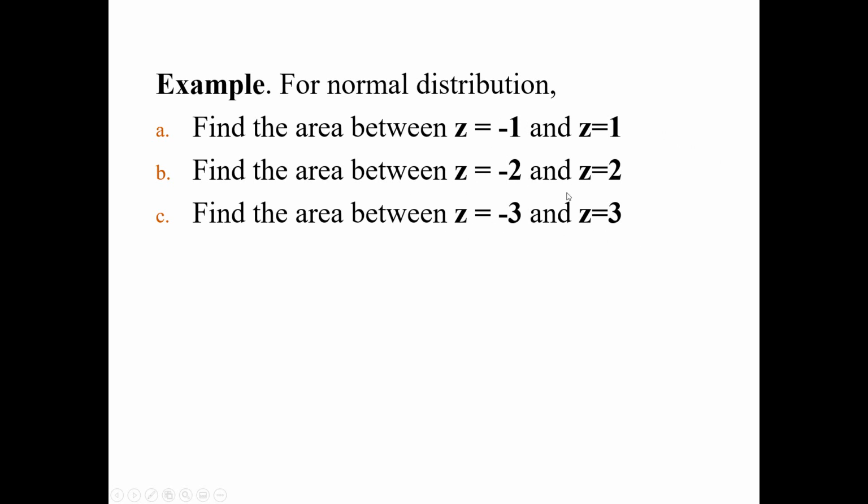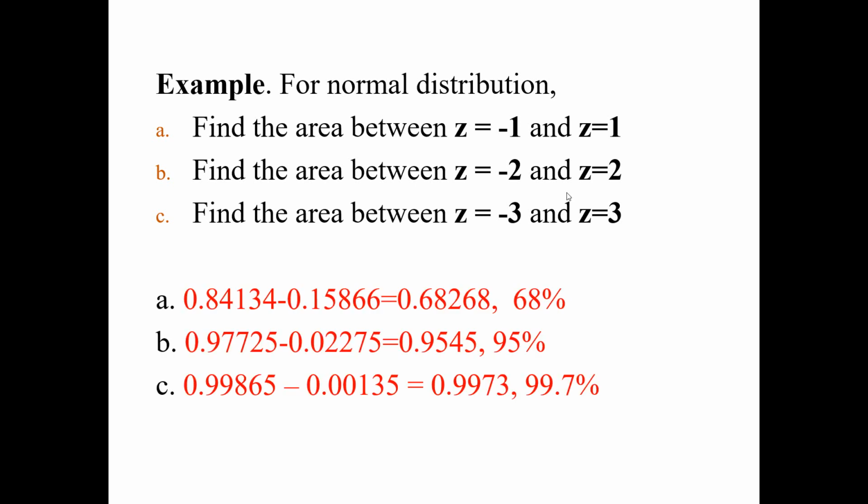And if you really want me to work that out, email me or come to my office hours and I can do it for you. But here's just the work, really simplified and sped up. So this is what it exactly equals, 68.268%. This one's 95.45%, and then this one's 99.73%. But this is the rule we go by.